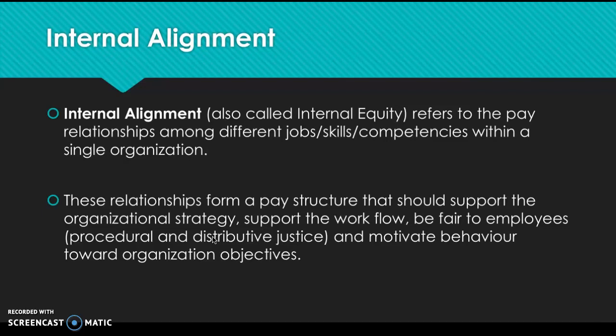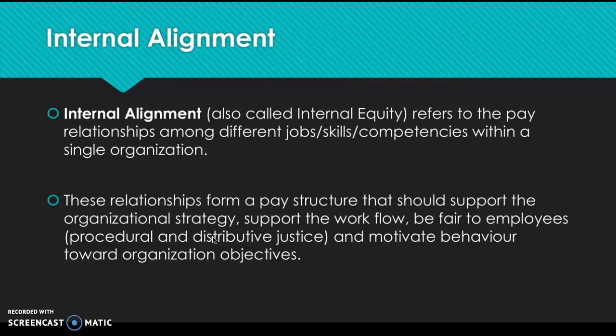Okay, so from that, what is internal alignment? It's also known as internal equity, and it refers to the pay relationships among different types of jobs or different skills or different competencies within a single organization. Those relationships form the pay structure, and as we've alluded to earlier, that pay structure supports the overall strategy, the overall objectives the organization is trying to achieve.